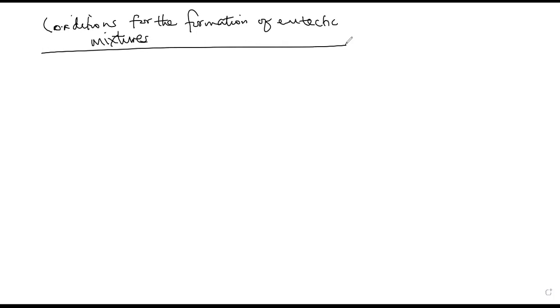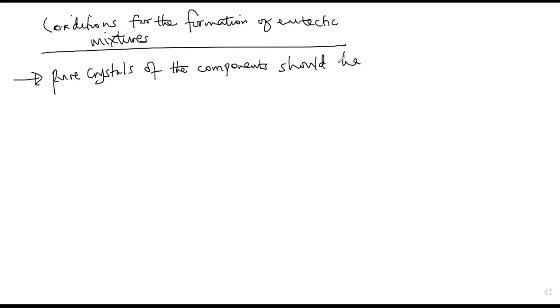The explanation of the phase diagrams is the same. So it's just a matter of understanding. So under what conditions do we form eutectic mixtures? We form eutectic mixtures when pure crystals of the components should separate from the mixture on cooling.